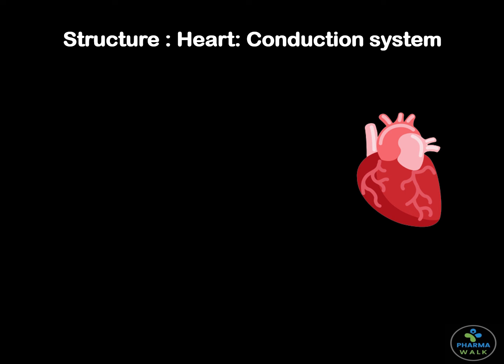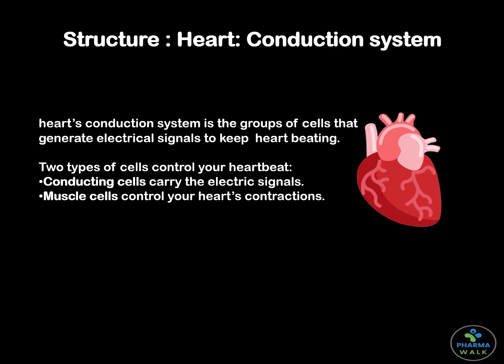But as of now, just remember, conduction system of the heart means a group of cells that generate electrical signals or impulses that make the heart beat. There are two types of cells: conducting cells which carry the signals, and based on the signals, the muscles are responsible for contraction. And the main function is that this conduction system makes the heart beat. It generates the rhythm of the heart, it generates the heartbeat.